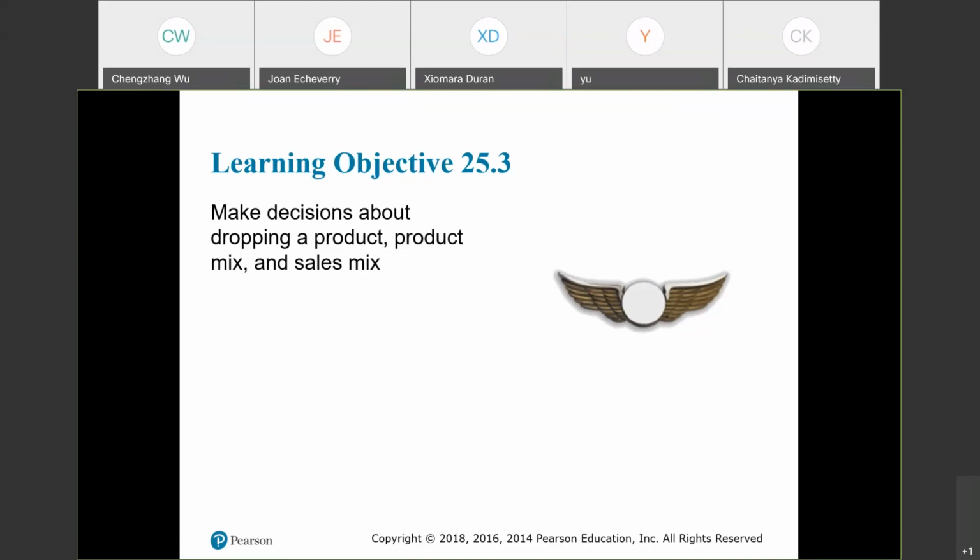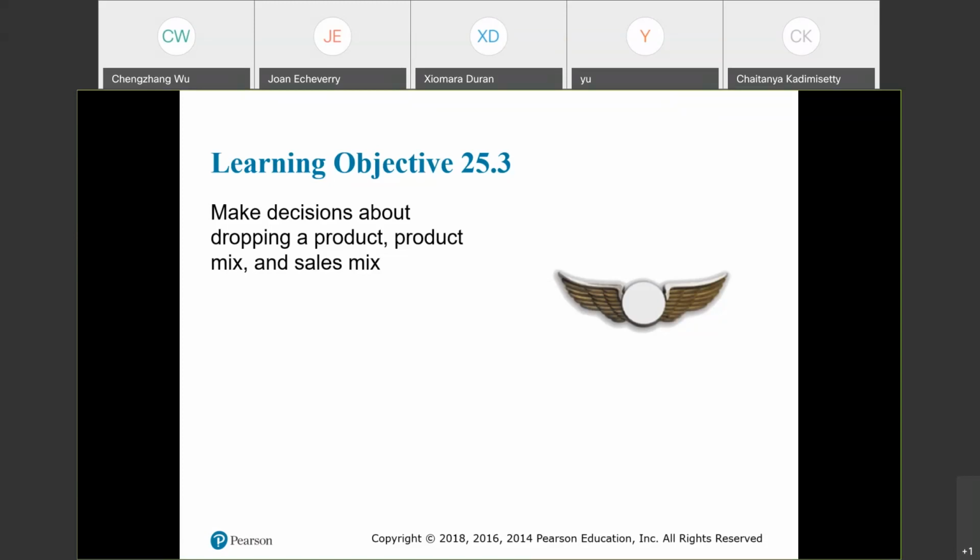And when a company is a price setter, its products are usually unique, which results in less competition. Less competition. Okay.